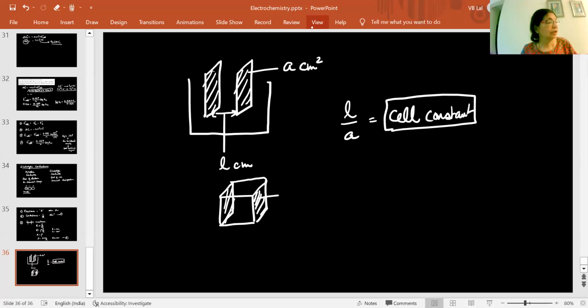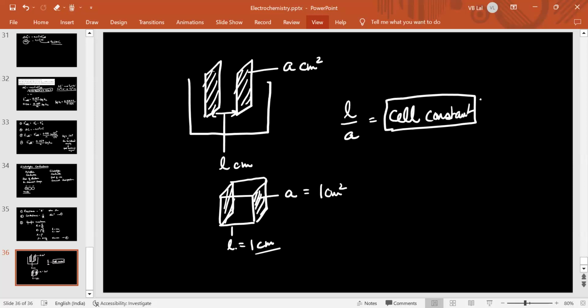This is the area of cross section, A, and this is L. Now, if A is equal to 1 and L is 1 centimeter, and this is also 1 centimeter, then A will also be equal to 1 centimeter square, right?